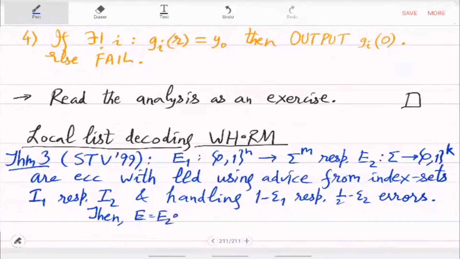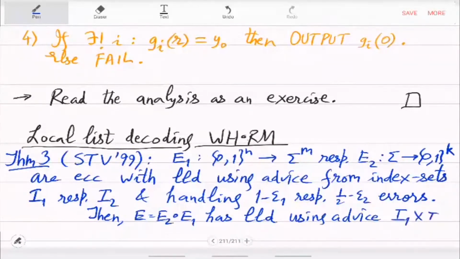Then the composed error correcting code E, E2 composed with E1, has a local list decoder using advice I1 cross I2, right, in this product, and handles so how many errors?